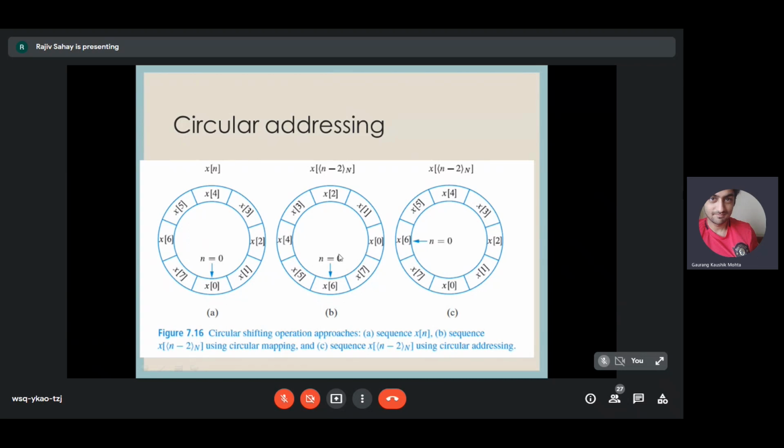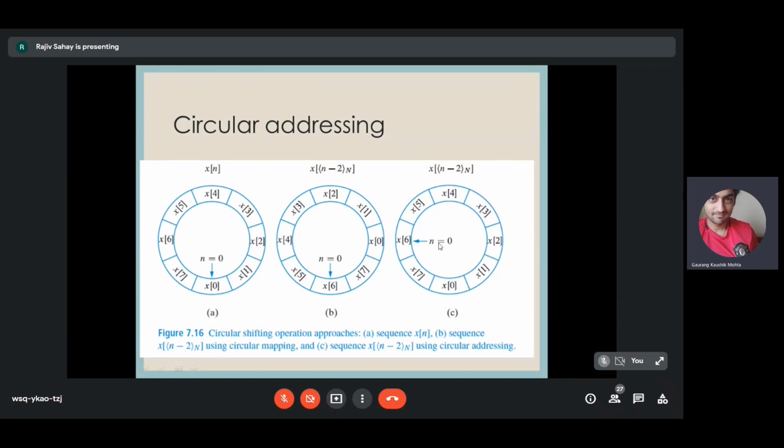So to avoid that, to do circular shifting, you just change the pointer to n equal to 0. Then everything remains the same in the circular buffer, only your pointer is changing. So for getting x of n minus 2 modulo n, you just move the pointer 2 steps ahead. Okay, that is in the clockwise direction. So now your pointer is no longer sitting here as n equal to 0, but it is sitting here as n equal to 0.